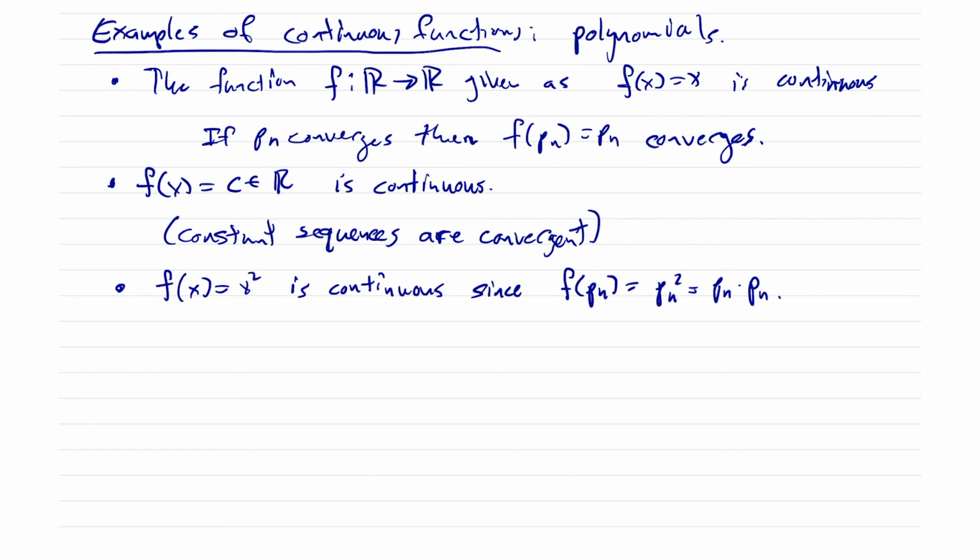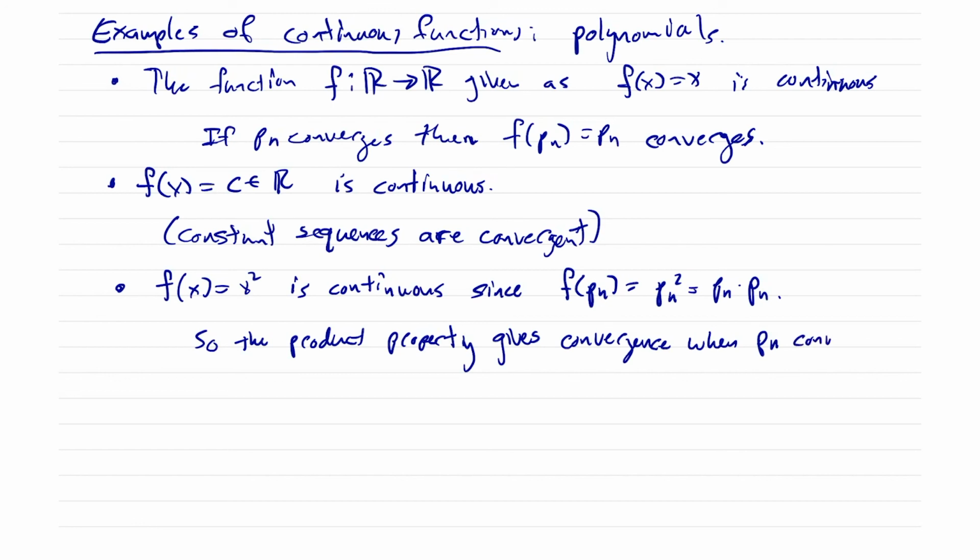So the product property of limits helps us. The product property gives convergence when Pn converges.